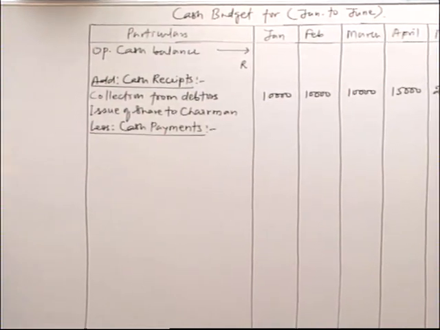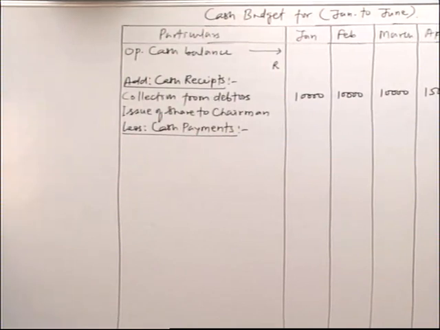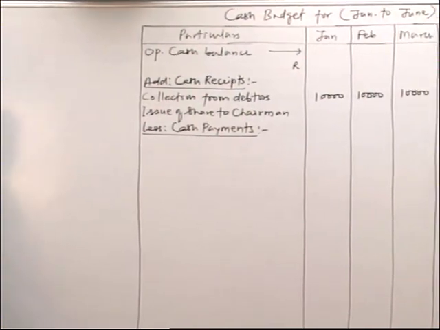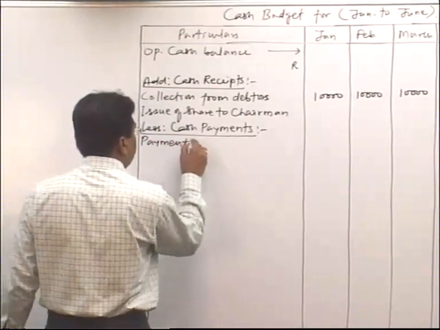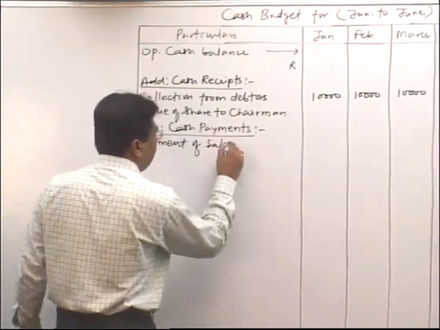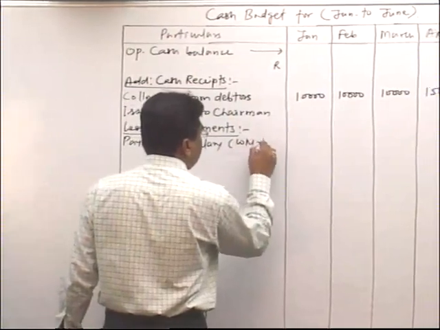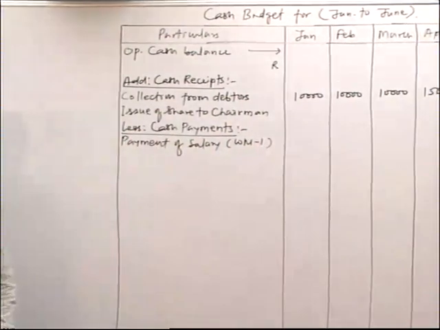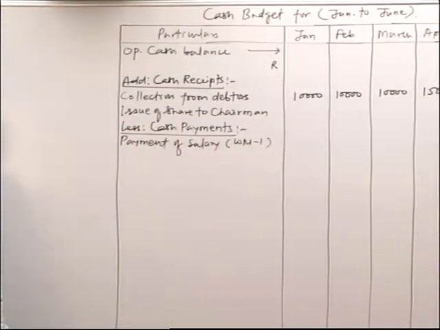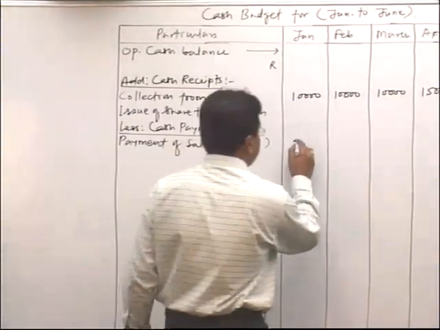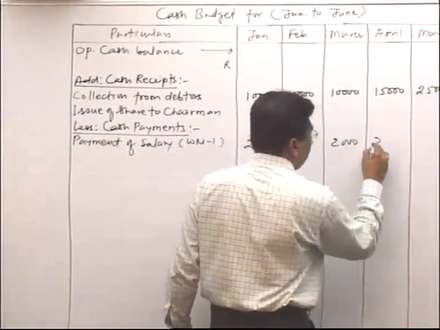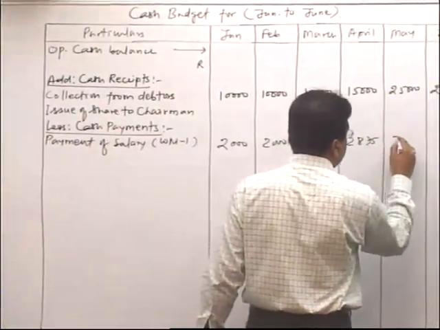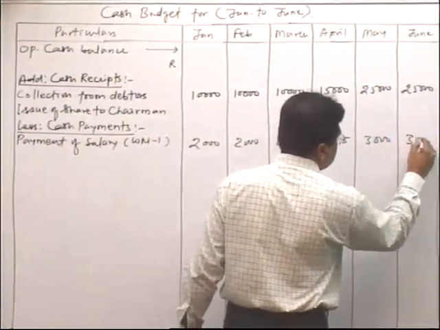Now please see working note 1. First working note is regarding payment of salary, so make entry for that. Payment of salary, refer working note 1, and this is 2000, 2000, 2000. Then it is 2875, then 3000 and 3000.